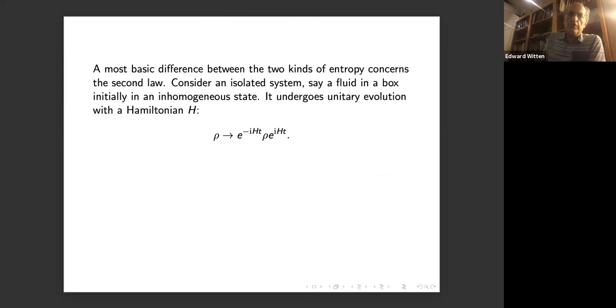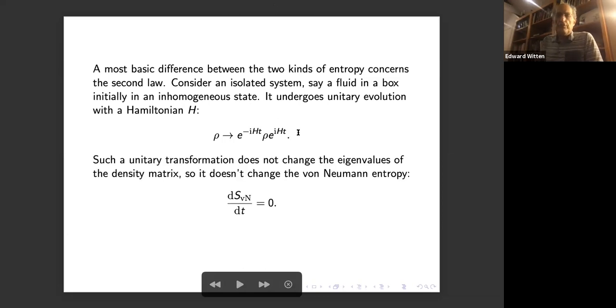The system being isolated undergoes unitary evolution with a Hamiltonian H. The density matrix transforms to e to the minus iHt times itself times e to the iHt. Such a unitary transformation does not change the eigenvalues of the density matrix, so it does not change the von Neumann entropy.